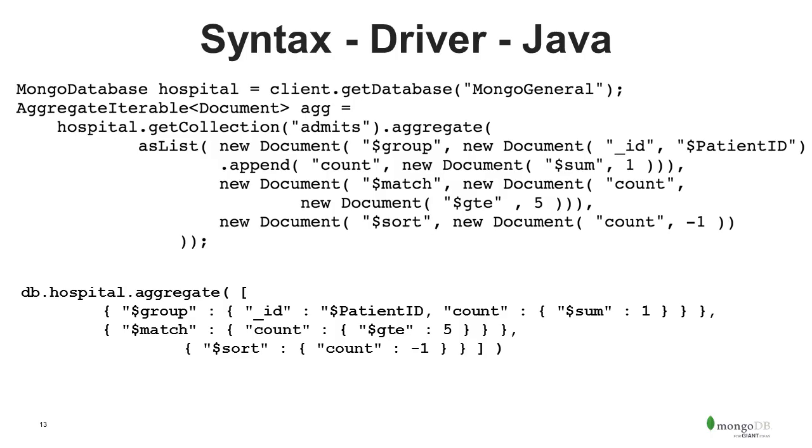So in the bottom of this slide, you can see an aggregation over a collection called hospital that's going to group on patient ID and then do some matching. And up here, you can see the same $group, $match, $sort within the Java syntax. I wanted to show this to you so you can just see what the translation is. For the rest of the talk, we'll be sticking with the shell since it's sort of a lowest common denominator regardless of which driver you're using.